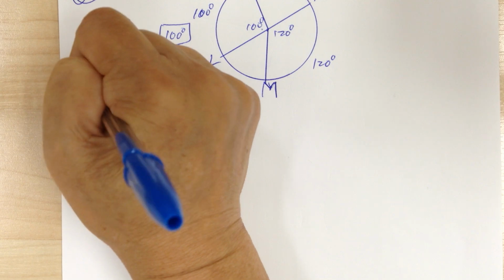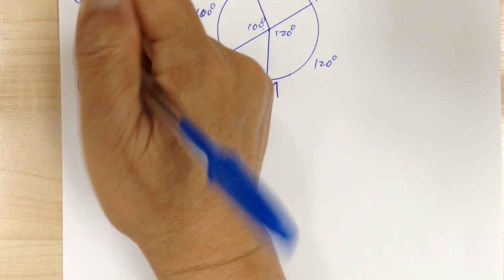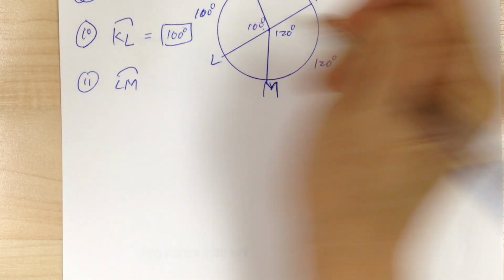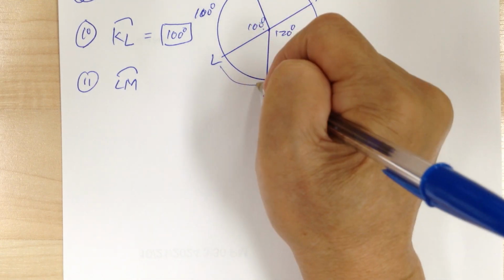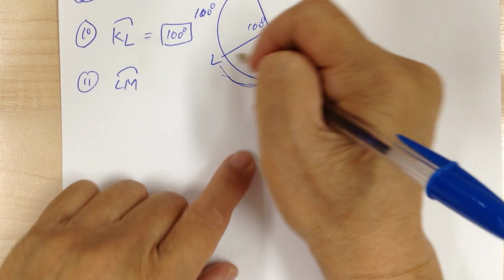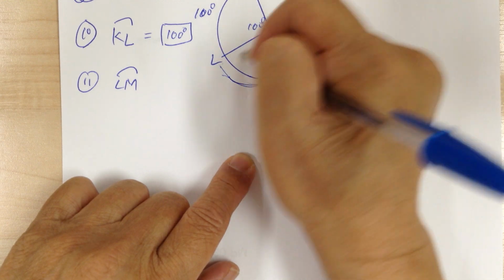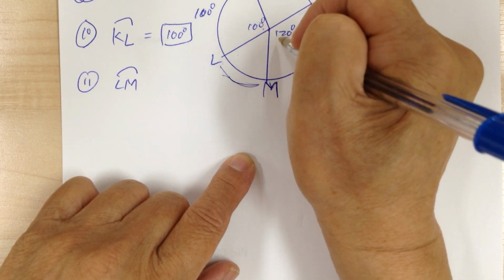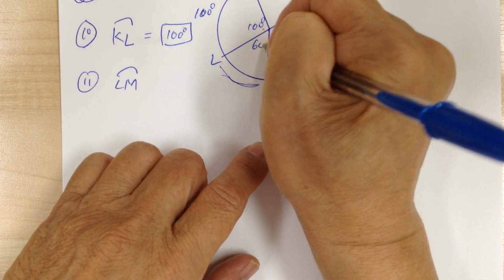Number 11, you're looking for LM. LM, this one over here. Remember this is the diameter, so that means this would be 180. This is 120, so this would be 60 already.